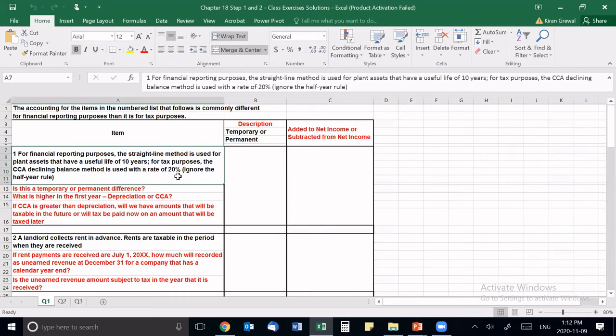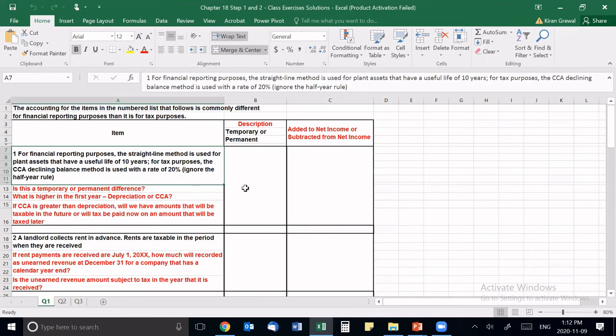So eventually, at the end of the 10 years, your asset value will be fully depreciated or have fully CCA, and therefore there won't be a difference between accounting and tax anymore, because everything will be fully depreciated. But during those 10 years, you're going to have a different amount for depreciation and a different amount for CCA.